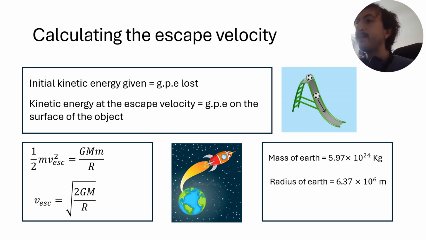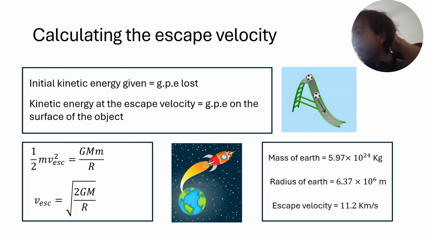But using these values, and the fact that G, the universal gravitational constant, is 6.67 times 10 to the minus 11, we get that the escape velocity from the surface of the Earth is about 11 kilometers per second.